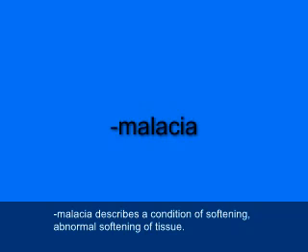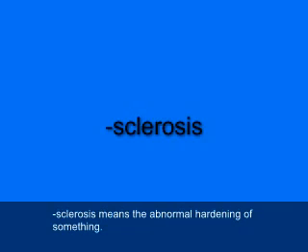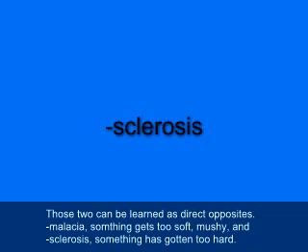Malacia describes a condition of softening, abnormal softening of tissue. Now, a suffix with the opposite meaning is -sclerosis. Sclerosis means the abnormal hardening of something. So those two can be learned as direct opposites. Malacia, something gets too soft, mushy, and sclerosis, something has gotten too hard.